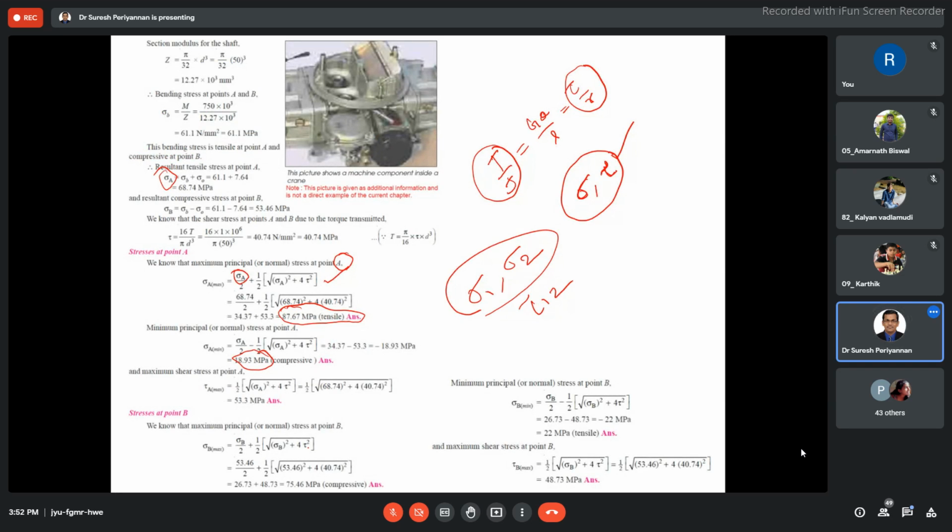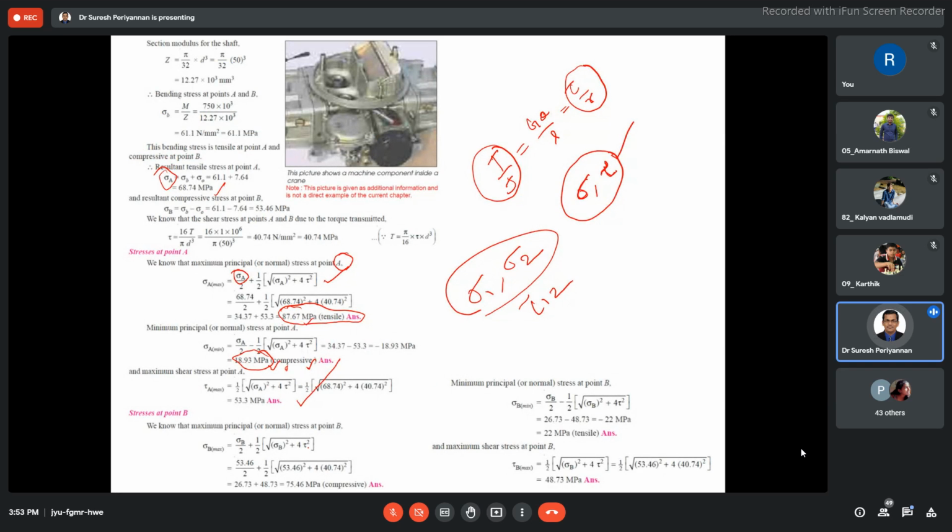See here, one more thing. We didn't change the sign here. Whatever sign we used is compressive, directly you have taken that. Then here also we are putting compressive. Then don't put sigma 1 minus sigma 2 divided by 2 again. Here it is already compressive in nature, so you can apply this formula directly. Sigma 1 is already in plus sign.